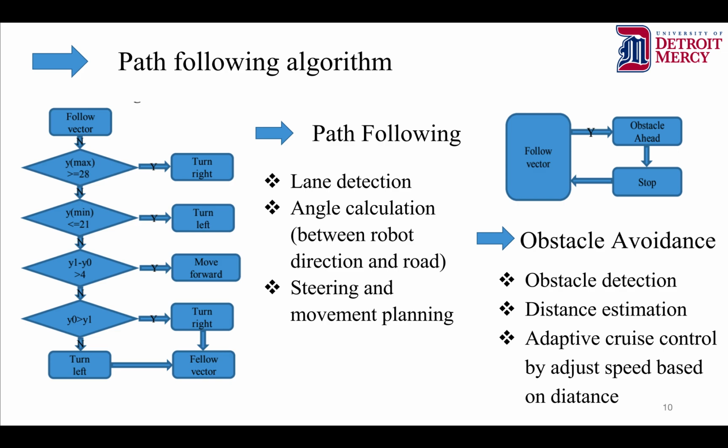We also have to do the steering and movement planning. For obstacle avoidance, we have to do obstacle detection and distance estimation to estimate the distance from the obstacles ahead. Adaptive cruise control, adjusting the speed based on distance, should also be done in the obstacle avoidance part.